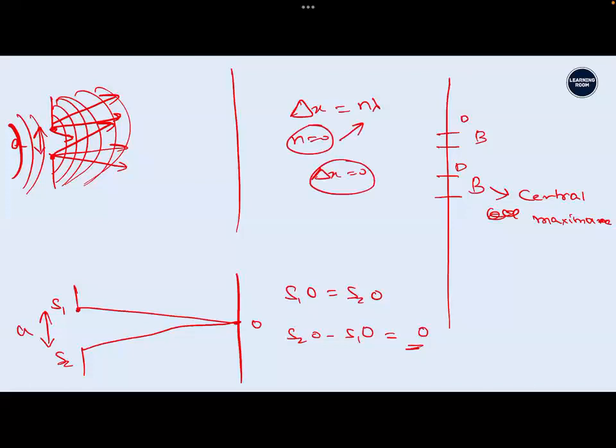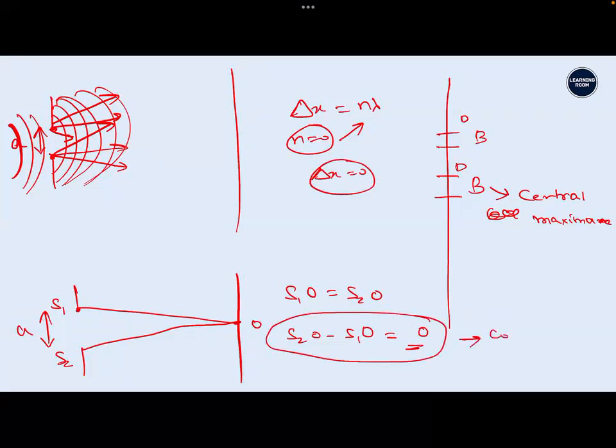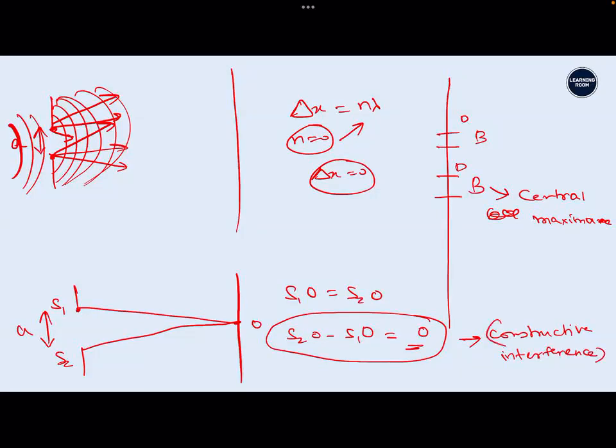When the path difference between two rays striking a point is 0, it undergoes constructive interference. So S2O minus S1O is equal to 0. Because of this constructive interference, there is a bright spot formed exactly at the center. And what is the name of it? Central maxima. So please make a note of it.